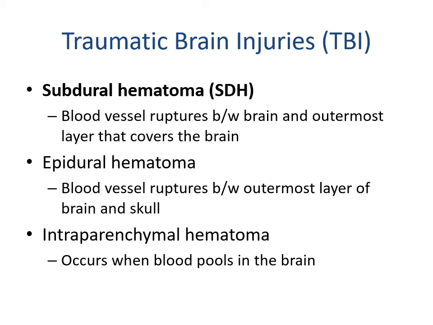So these are all the same condition, which is bleeding in the brain, but they're technically in different spaces, so different membrane spaces, between two different membranes, or the membrane and the skull. It doesn't really matter so much to us as more just the side effects. But if you see all of these different words in a past medical history or in a current medical diagnosis, just realize these are all still bleeding in the brain. It's just in specific compartments.